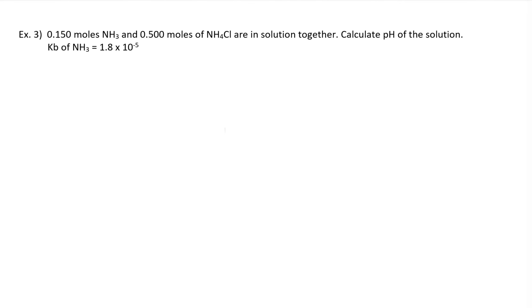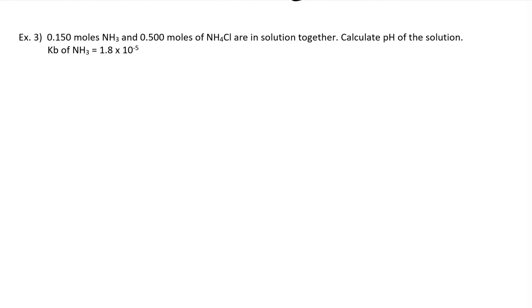Let's try another example. Example number 3, we have 0.150 moles of ammonia and 0.500 moles of ammonium chloride together in solution, and they would like for us to calculate the pH. So I recognize NH3, ammonia, as a weak base, because of that nitrogen, that lone pair there is going to be really good at grabbing an H plus ion, act like a base.